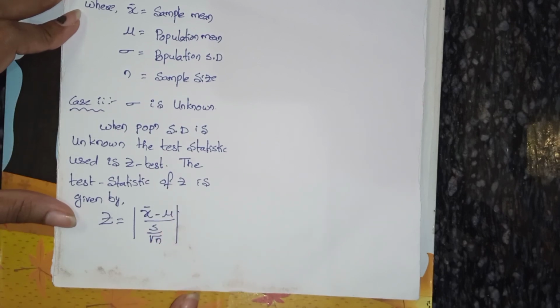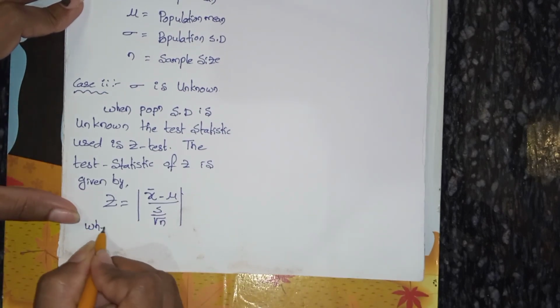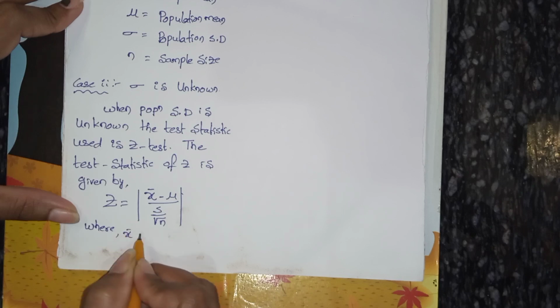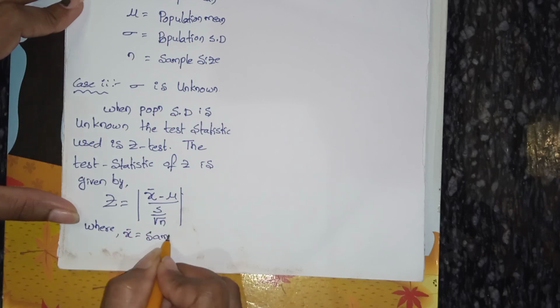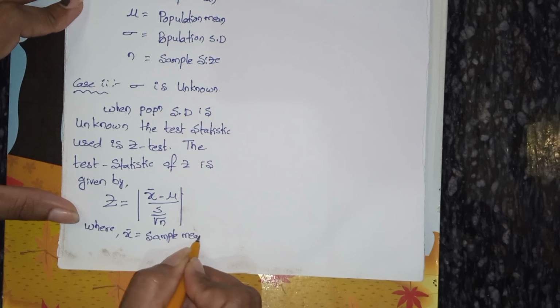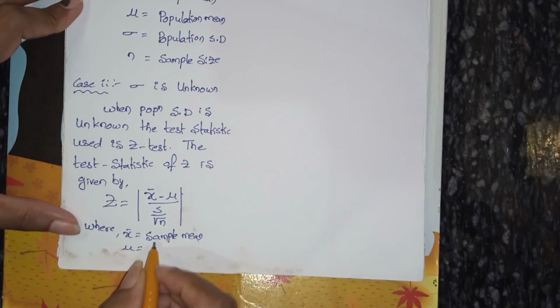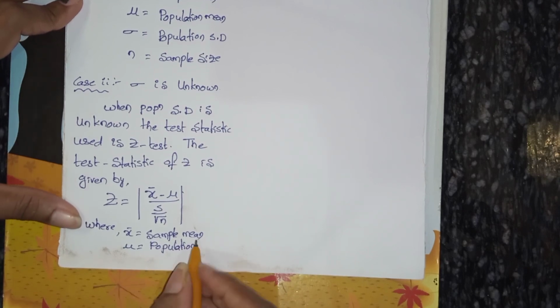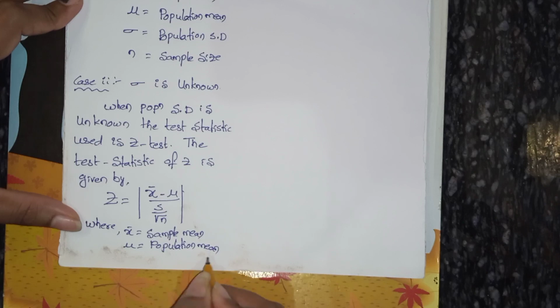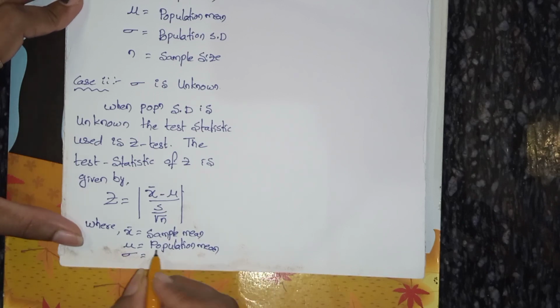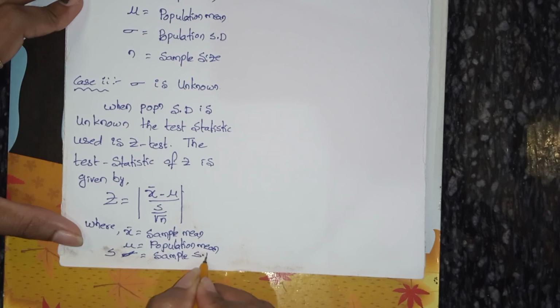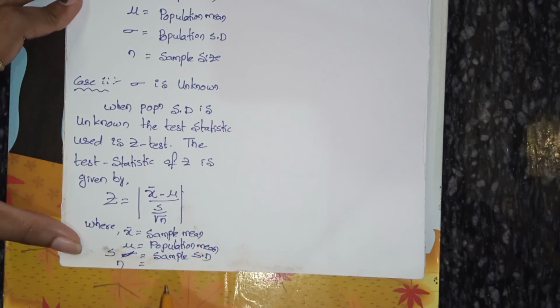This is the formula where x bar equals sample mean, mu equals population mean, and here sigma is not there, sorry, s equals sample standard deviation, n equals sample size.